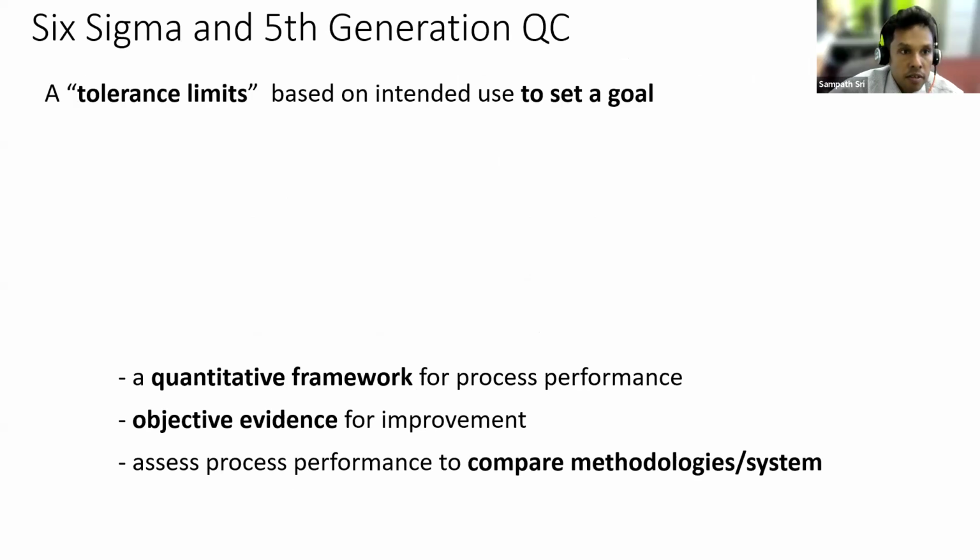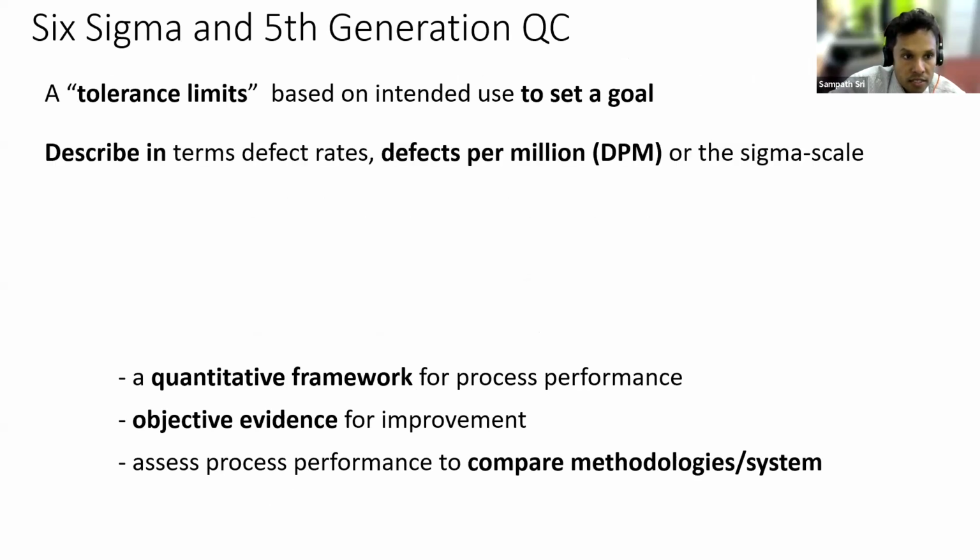Then we have a thing called Six Sigma, which comes with the 5th generation QC. Six Sigma is about a tolerance limit based on intended use to set a goal. The Six Sigma process is described in terms of defects, so it can be defects per million, defects per thousand, like that.